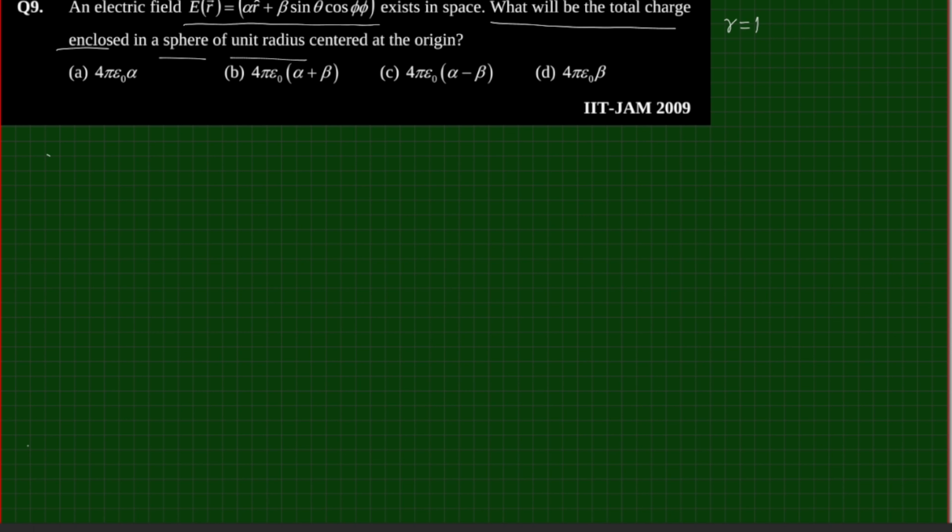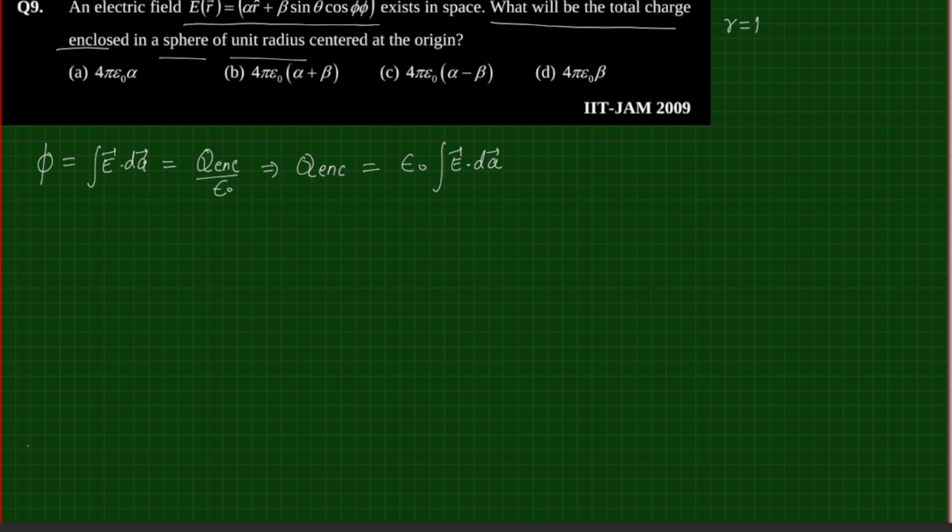According to Gauss law, flux is given by E dot dA, and that will be equal to Q enclosed divided by epsilon naught. From here we can calculate Q enclosed, that will be given by epsilon naught times integral of E dot dA.